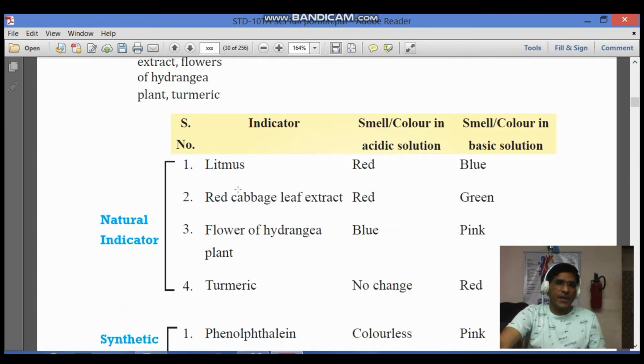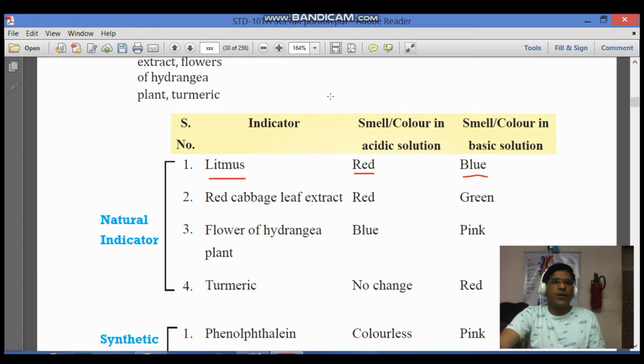Now we want to go deeper. Natural indicators, first litmus. Litmus paper in an acidic solution turns red. When acid is there and you put litmus paper in it, it will turn red. When a base is there, it should be blue.